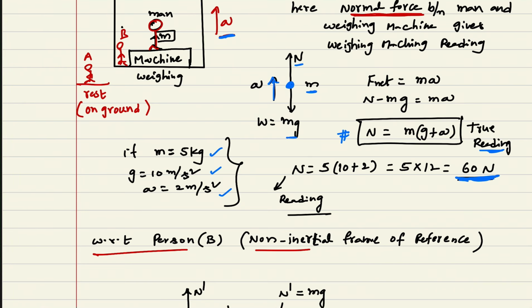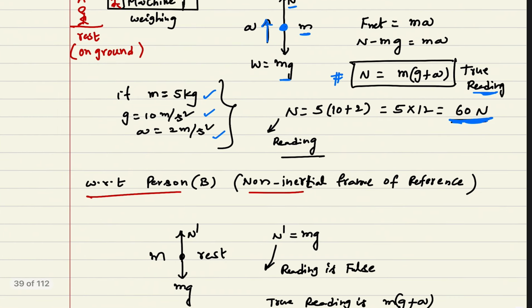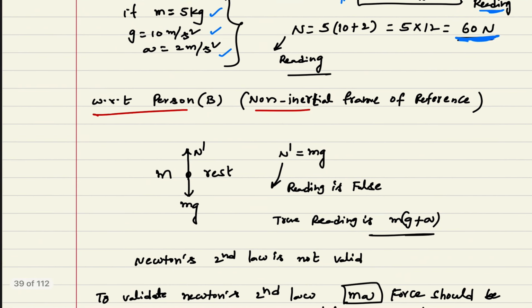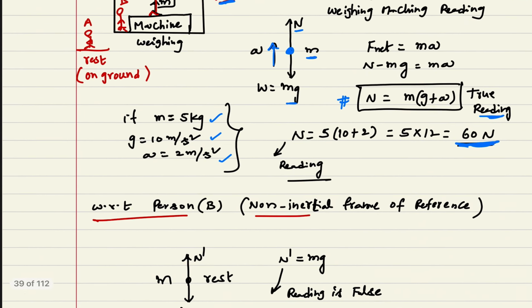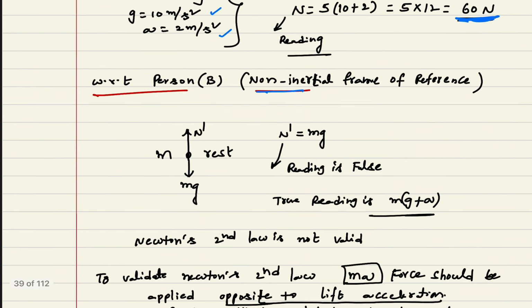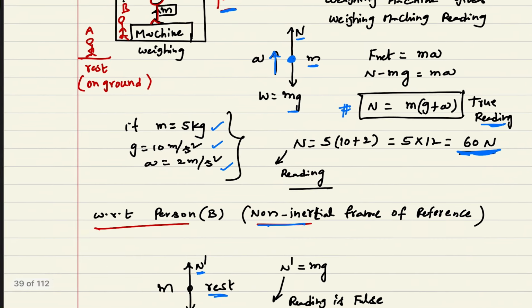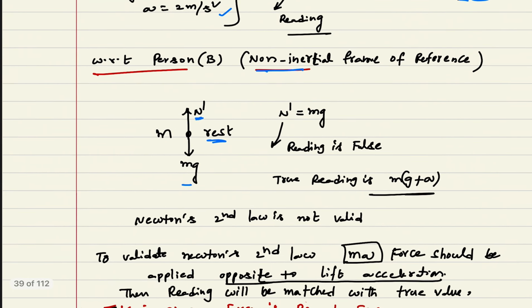But if person B applies Newton's laws on the man: with respect to the ground, B is accelerating along with the lift, so he is in a non-inertial frame of reference. Applying Newton's second law, I take N dash as the normal force, and weight acts downward. As the man is at rest with respect to B, N dash is equal to mg.